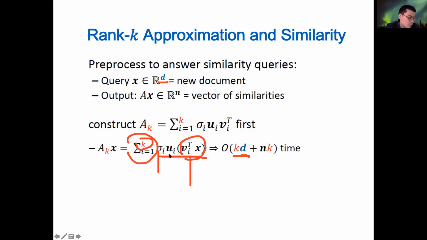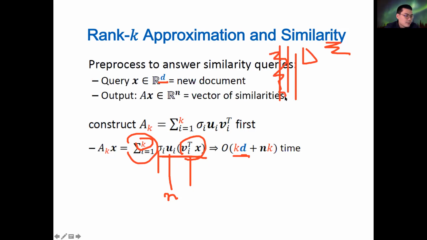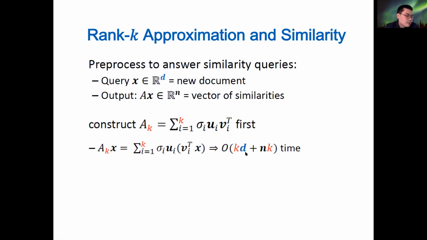Ui is an n-dimensional vector, because n is how many rows you have in A. So an n-dimensional vector times some constant costs n, and you have K of them, so this is nK. So you can see the cost now becomes K times (n plus d).